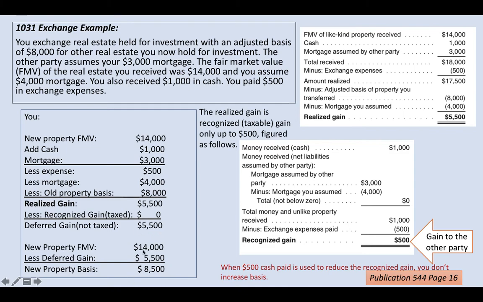If you turn around and sell the property, you have a deferred gain of $5,500 that you have to recognize. So anyway, that's how I interpret it.